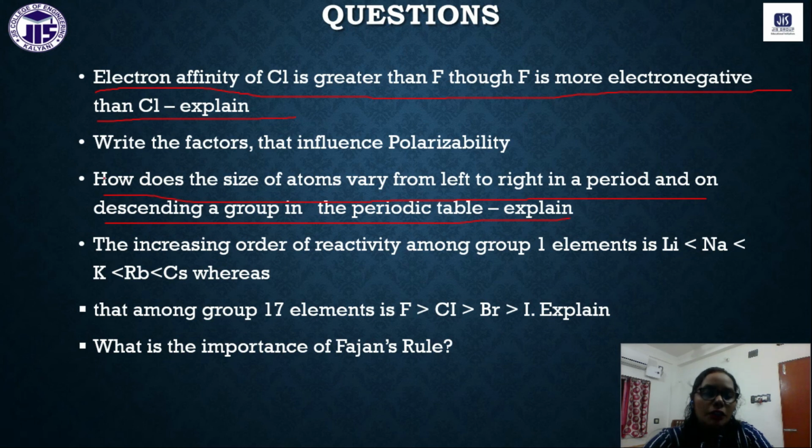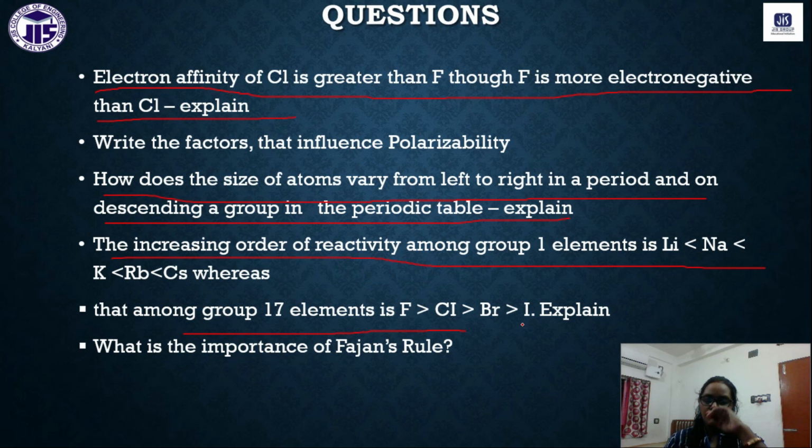Okay, now the next question: the increasing order of reactivity among the group 1 elements is lithium less than sodium, less than potassium, less than rubidium, less than cesium. Whereas for the group 17 halogens, fluorine is greater than chlorine, greater than bromine, greater than iodine.